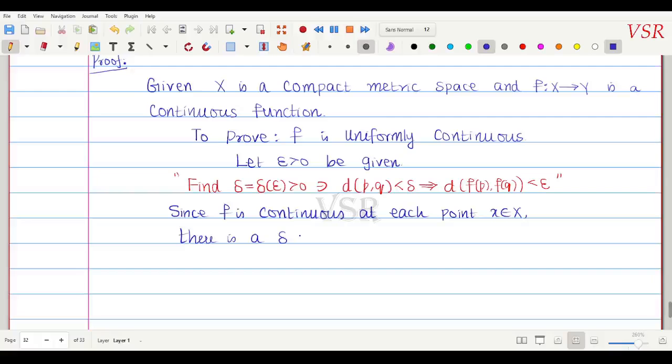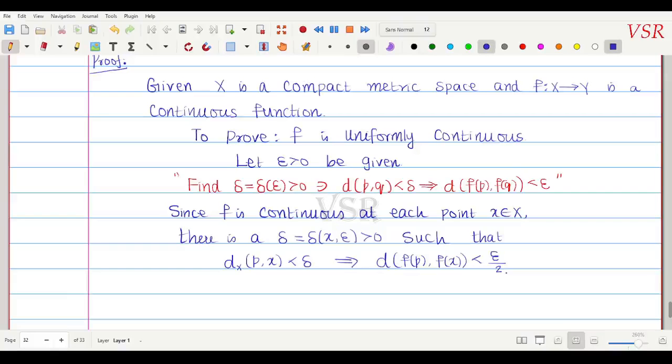This delta depends upon your x and your epsilon. There is a delta positive such that whenever the distance between p and x is less than this delta, this must imply that the distance between f of p and f of x is less than epsilon. For some calculation I may write this as epsilon by 2. Epsilon positive means epsilon by 2 positive.